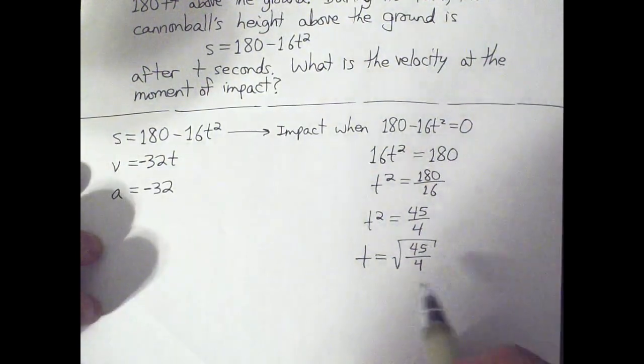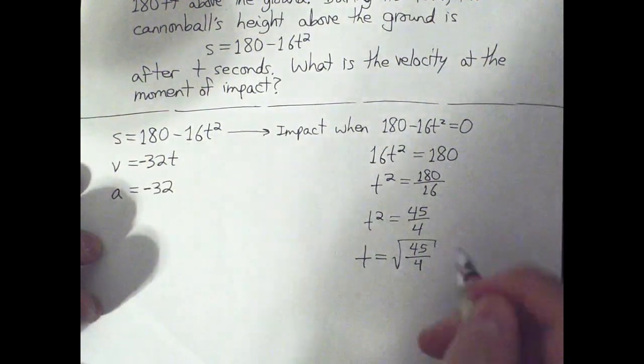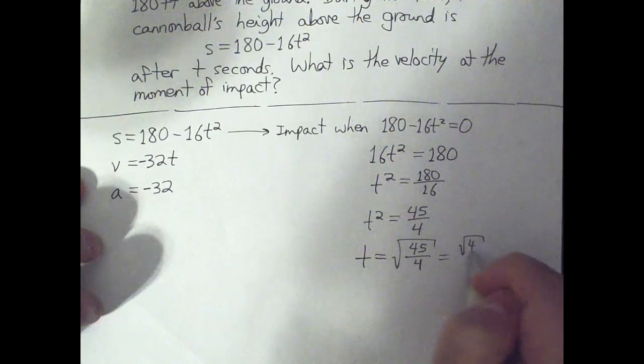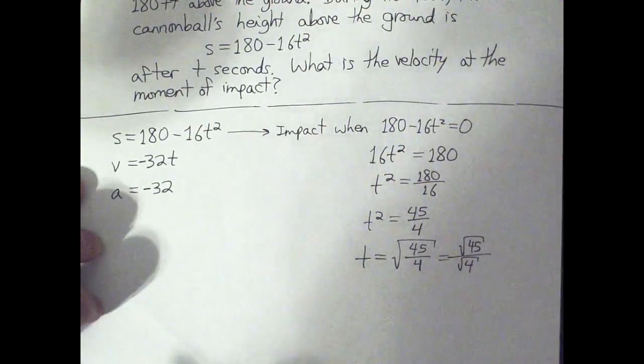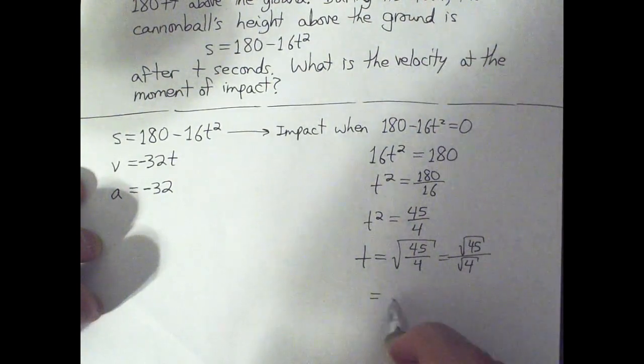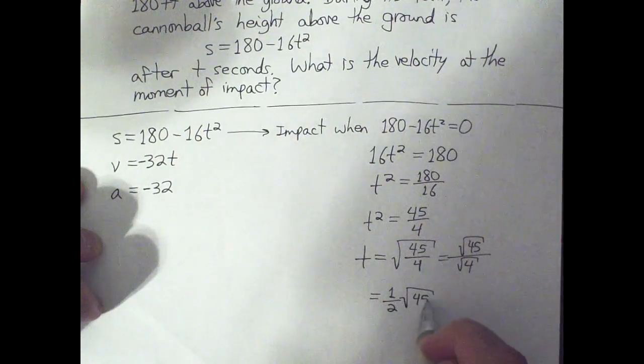So, square root of 45 over 4, can we clean this up at all? We could say it's the square root of 45 over the square root of 4, putting the square root onto each part. The nice thing is I know the square root of 4 is 2, so maybe we want to write it this way.